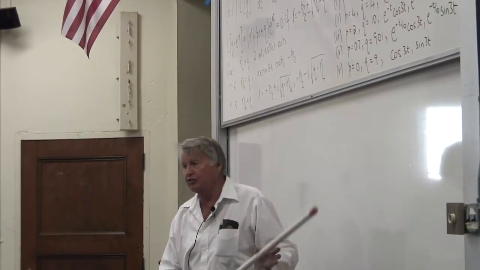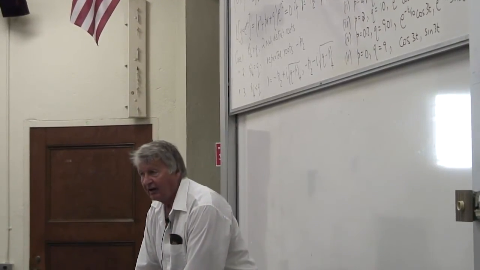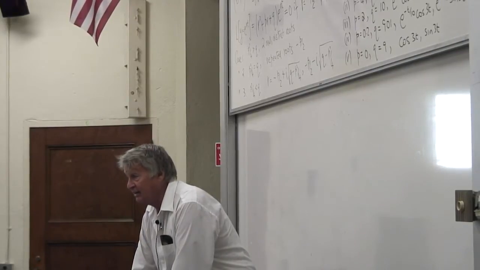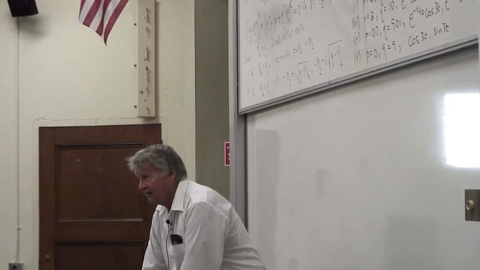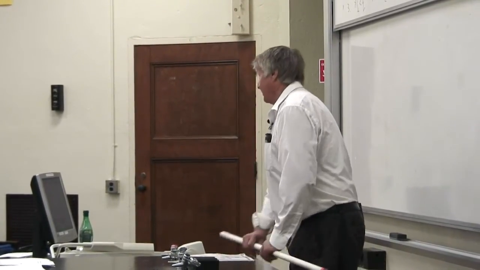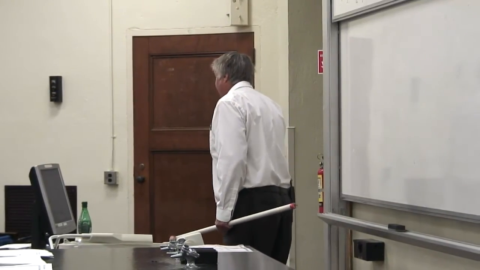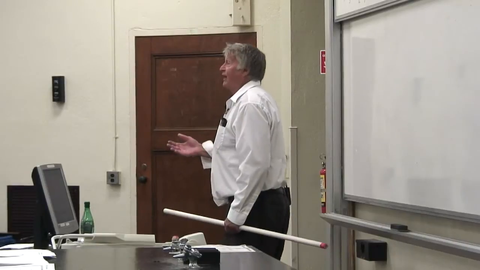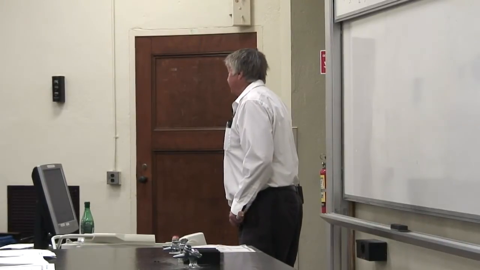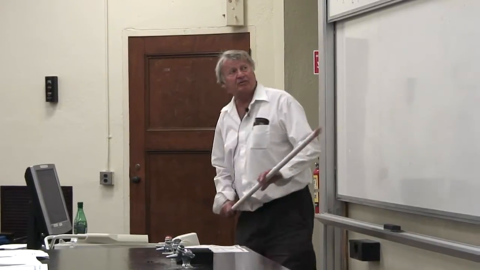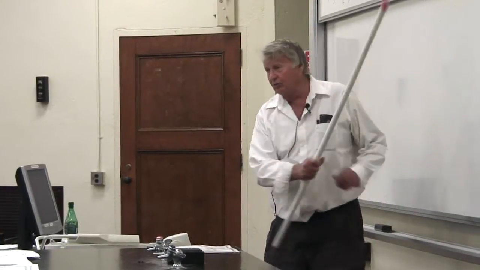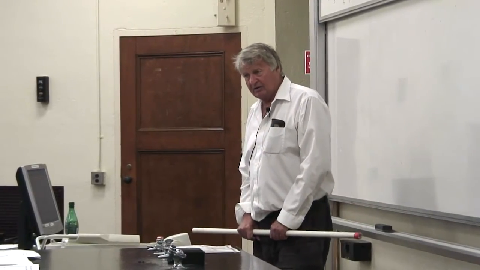So the solution is a linear combination of e to the minus t and e to the minus 3t. So, do I need to go to t equals 100? No, because e to the minus 100 would be ridiculously low. So, roughly 5 is good enough. 5 will take me down to 0, because we know the solution is eventually going to go to 0, because both parts are decaying.